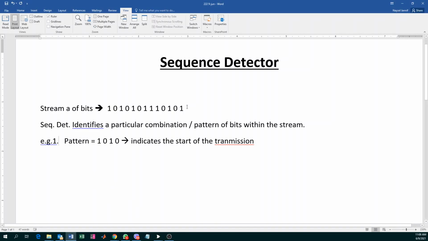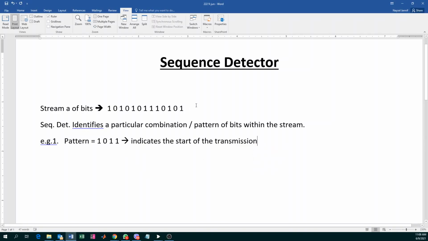If you have a stream of bits, let's do a pattern which is unusual in number. Let's say your pattern was 1011.